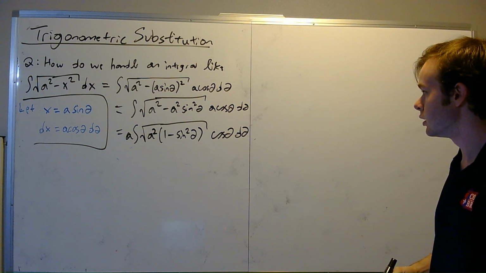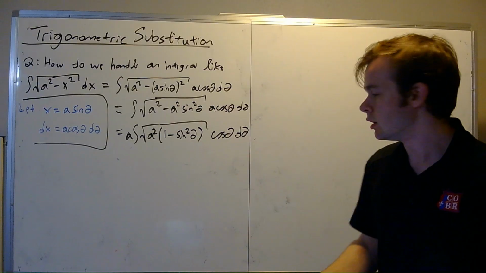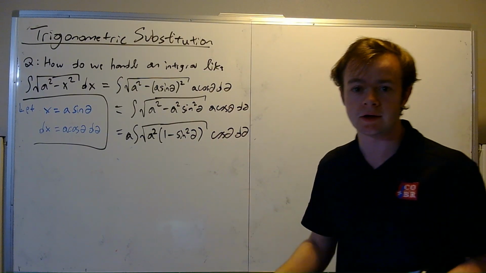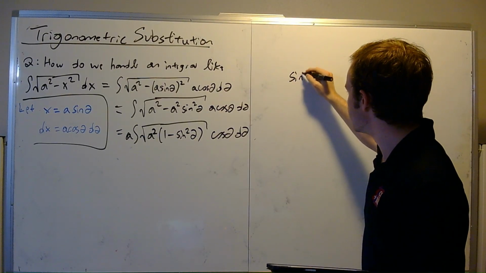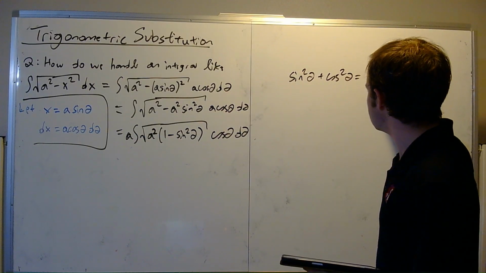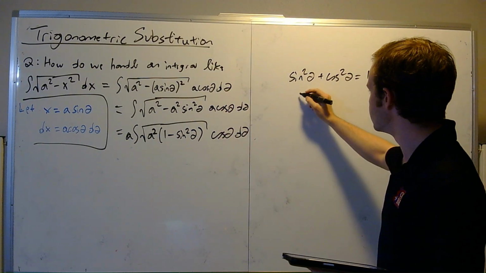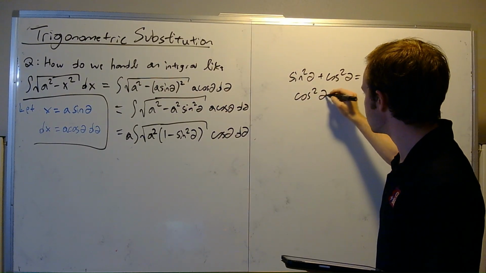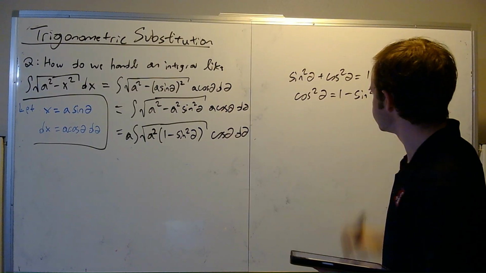Okay, and now we look at 1 minus sine squared theta, and we think, well, we already learned a trigonometric identity that looks a lot like this, namely sine squared theta plus cosine squared theta equals 1. So if we subtract sine squared theta from both sides, then cosine squared theta equals 1 minus sine squared theta.